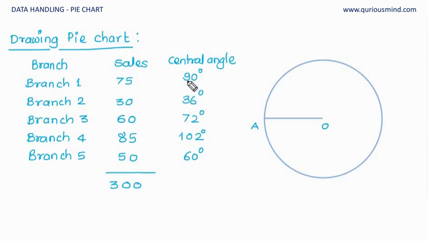Now, we will measure 90 degrees from here and we will draw the second radius, which is 90 degrees to OA. And now, taking this new radius as a reference point, we are going to draw another angle, 36 degrees, and draw the third radius.